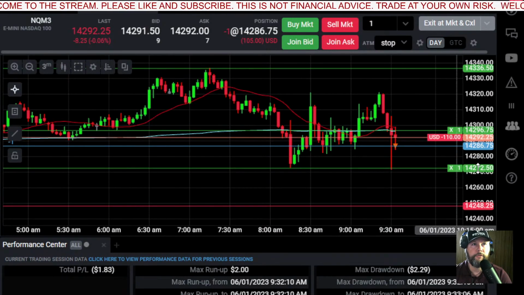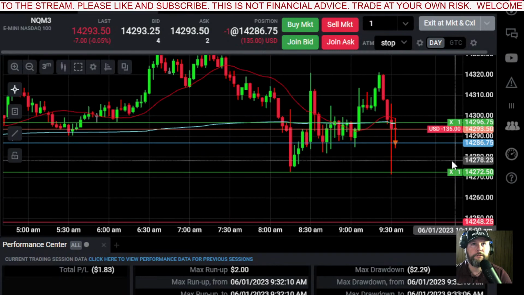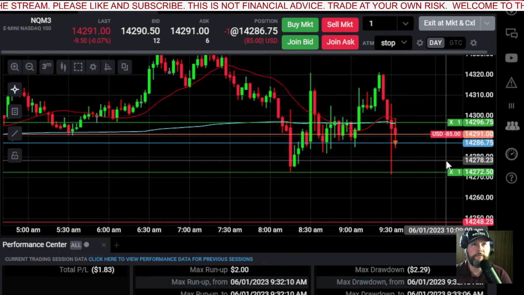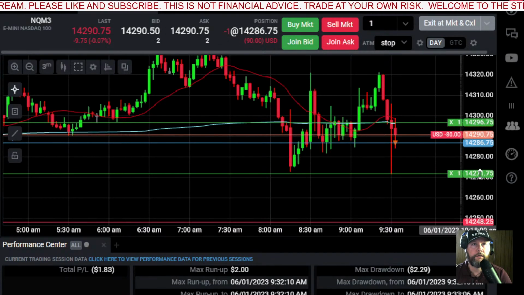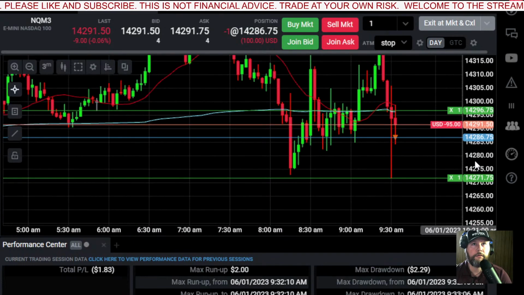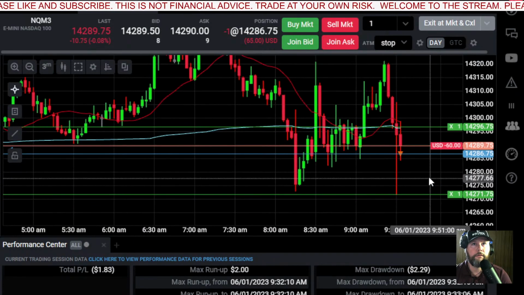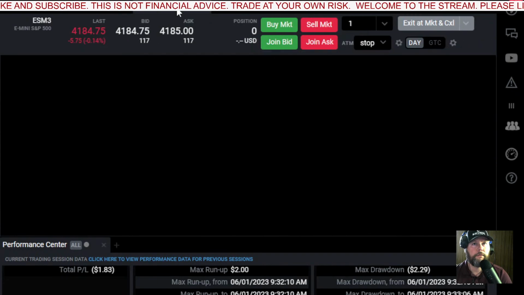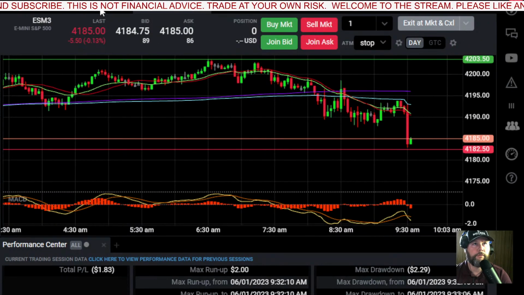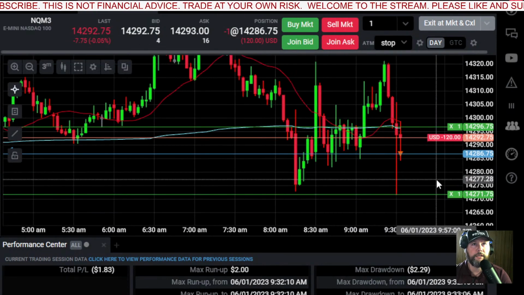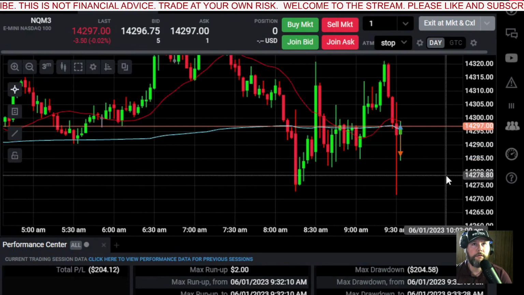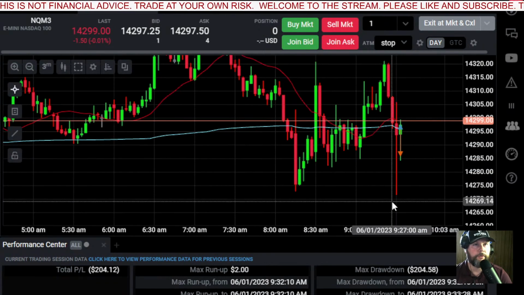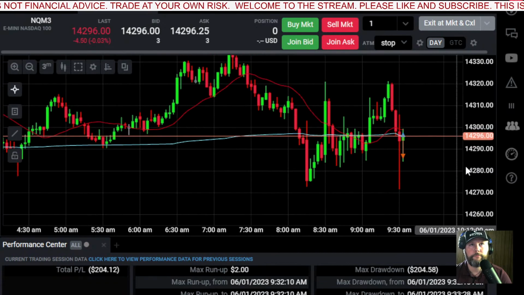See if we can get this moved down to the 72.50 area. ES failed to make a new low, so that's actually not a great sign for me here. All right, stopped out for a $200 loss there.